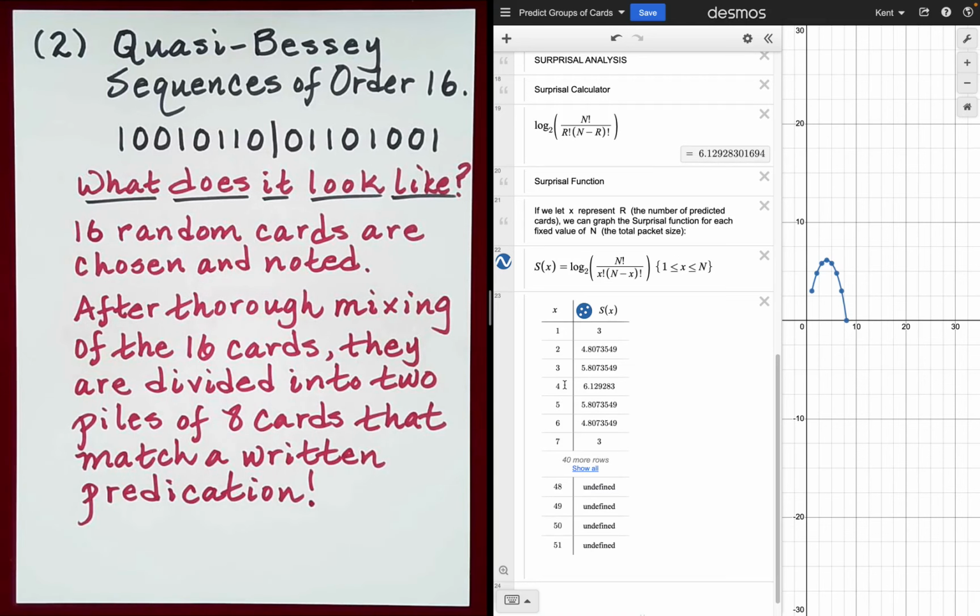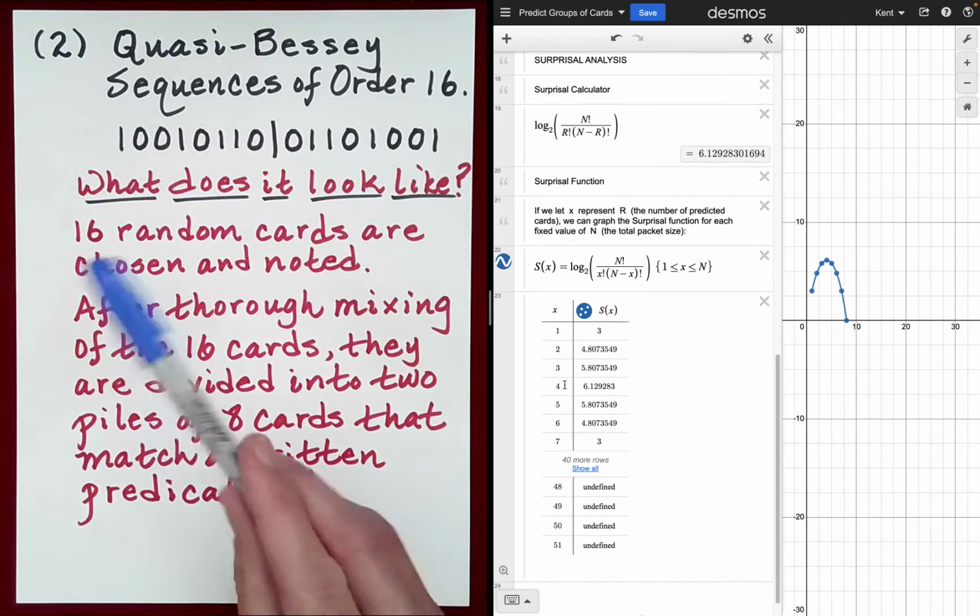And we'll see why in just a moment, because the surprisal value for that routine is very high. So what they're witnessing there is extremely unlikely, given the assumptions that they have in their minds about what they're seeing.